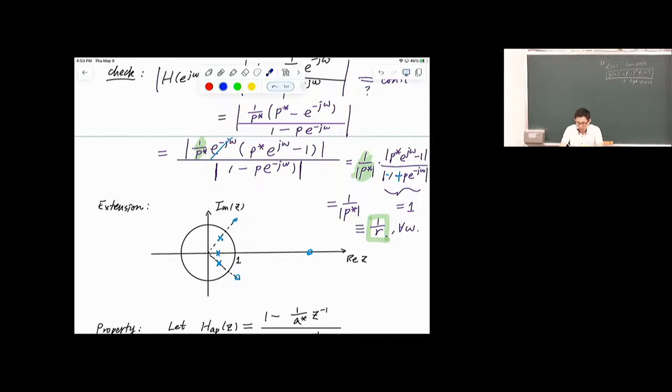Whenever we put a pole here, we immediately put another pole at the complex conjugate location, if the pole has an imaginary part. Please do that. And similarly, whenever we have a zero outside, we will put a zero at the complex conjugate place.